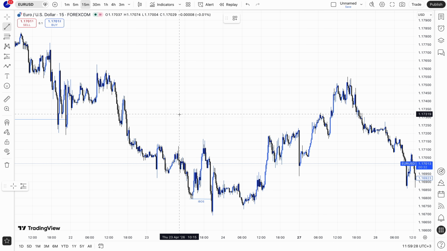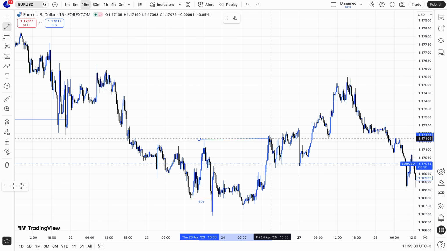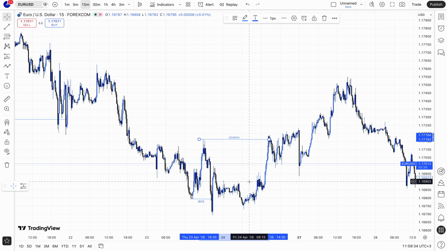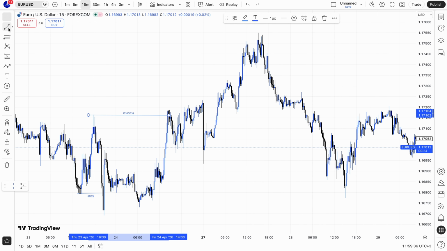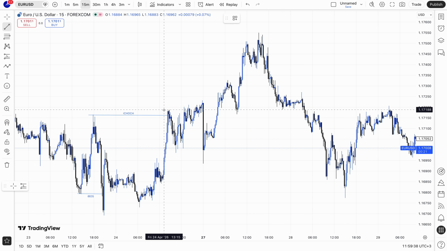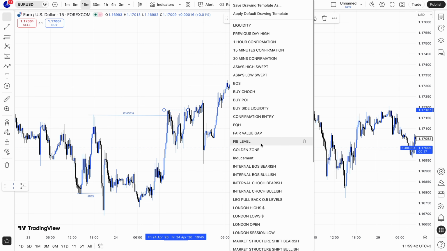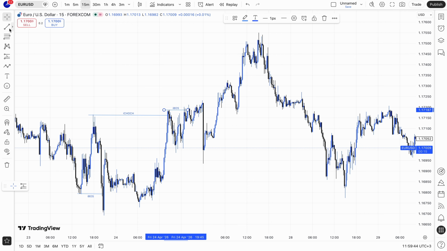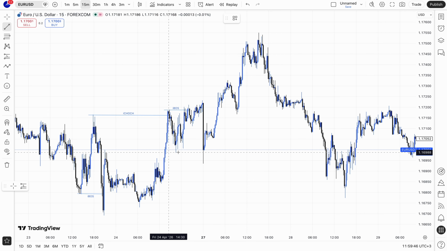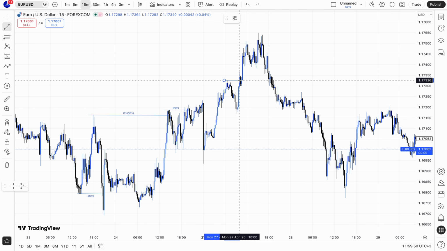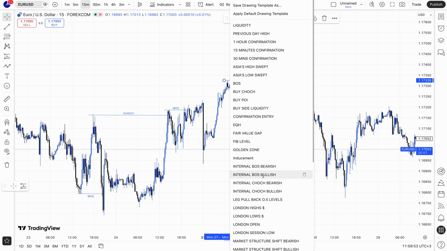Break of structure to the downside, then the change of character to the upside, and a break of structure to the upside. The liquidity was swept from here, then we had a continuation break of structure to the upside from here.